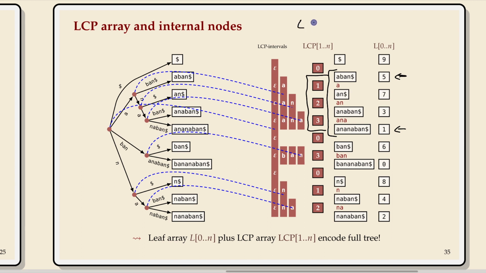So we find that the longest common extension of 5 and 1 is the same as this range minimum query in the LCP array from, well, the positions here are numbered a bit awkwardly, remember, 1, 2, 3, 4, 5, and so on. So from position 2 to 4.